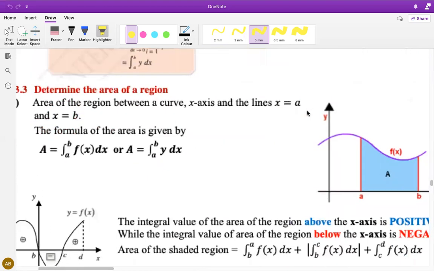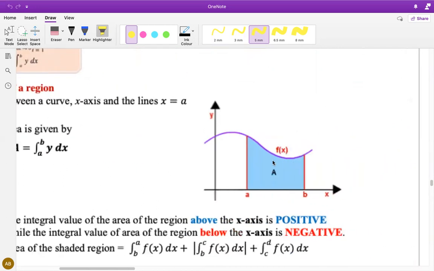If you want to determine the region from area under the curve, let's say this is f(x), okay? So I want to determine the area A from a to b, the lower limit a, then the upper limit b.